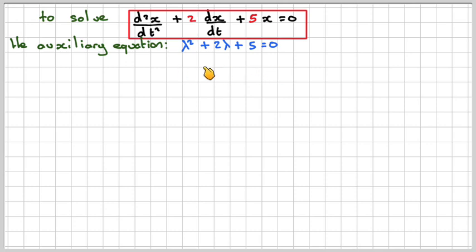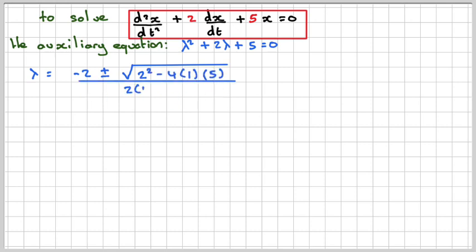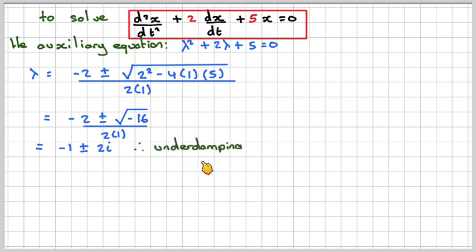Some people like to use m here, but as I've already used m for mass, I'm using a different parameter. If we solve this, we can just use the quadratic formula or some sort of calculating aid, and we will find that we've got a negative square root, so therefore we've got complex roots. If we have complex roots, then that means we have underdamping. This is a system which is underdamped.